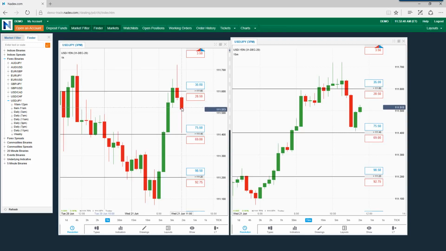Which pair of reversal bars do I trade? If I'm trading a weekly, I'm using a daily. If I'm trading a daily, I'm using a 60-minute.